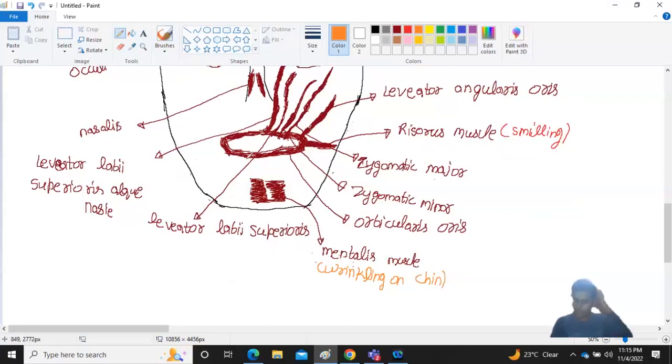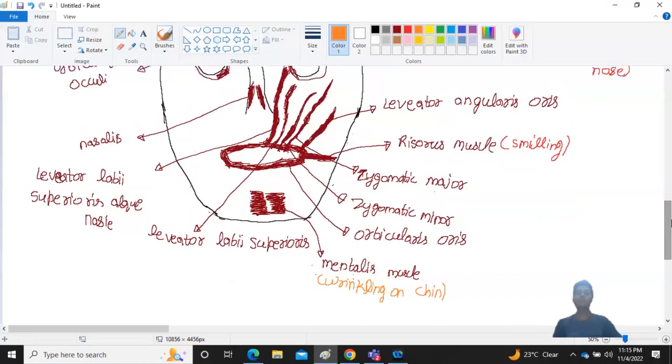Then next there are the muscles which help in depressing the lip. So here is a muscle which helps in depressing the lip. All these muscles are present on both sides. Remember, this is the levator labii superioris.